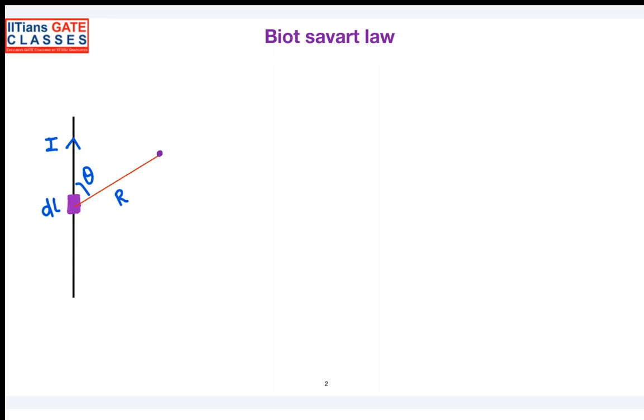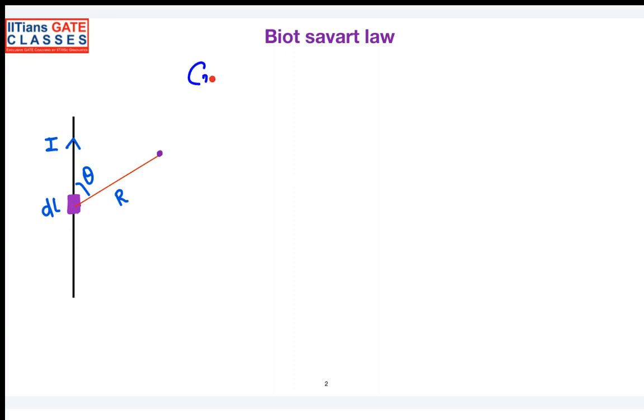But you have to keep in mind, the Biot-Savart's law gives the magnetic field at this point due to a small current element. That means it will not give the magnetic field here due to the entire wire. You take a small portion of the wire, which I can call a differential length dl. The Biot-Savart's law gives the differential magnetic field due to this current element.